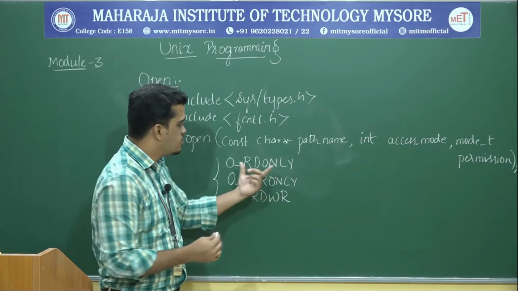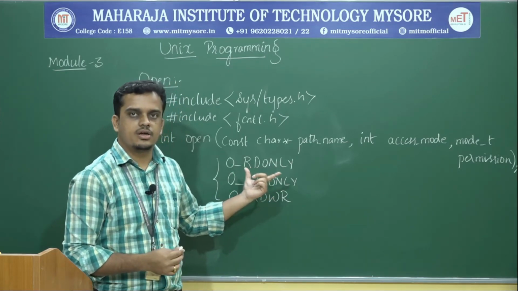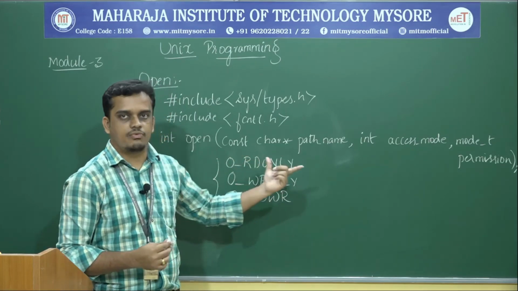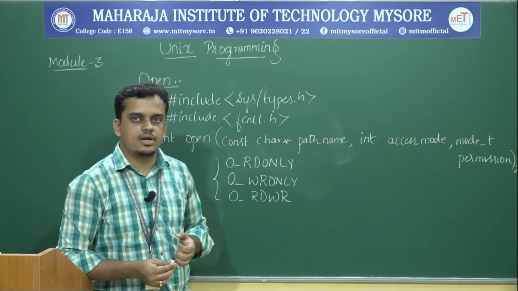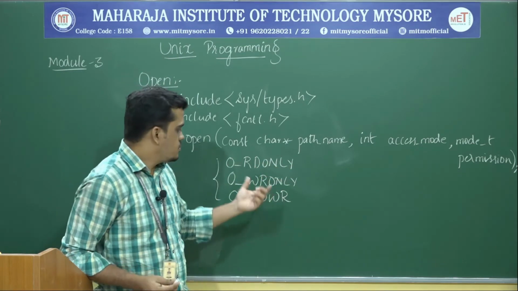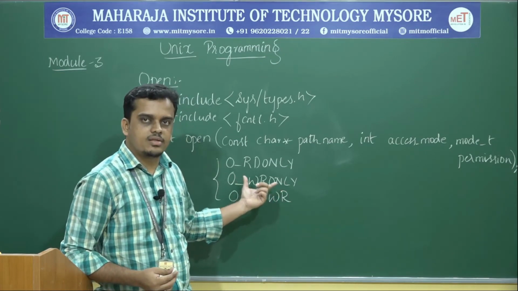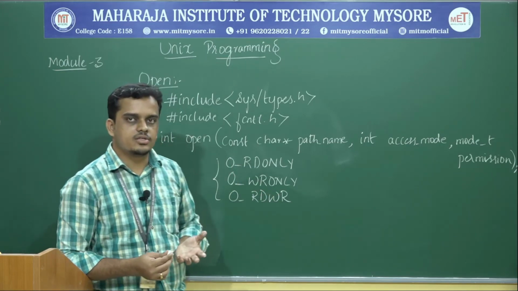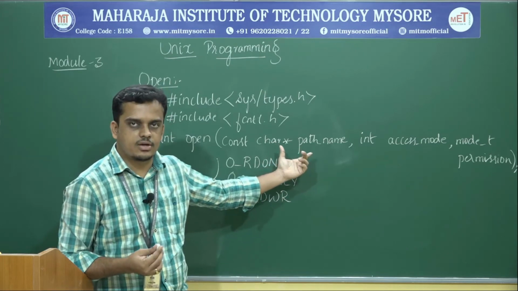If you specify the second argument as read only, it means the established connection between this process and the said file is meant for reading information from the file. If you mention the second argument as write only, it is just meant for writing some information to the file given in the very first argument.